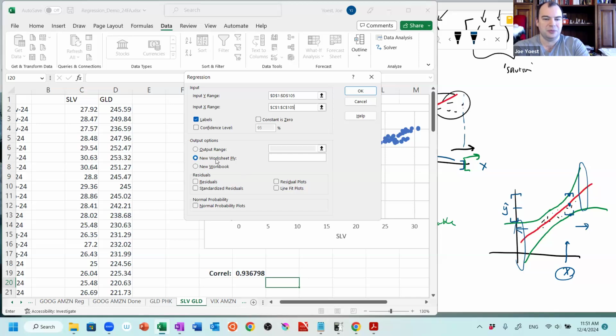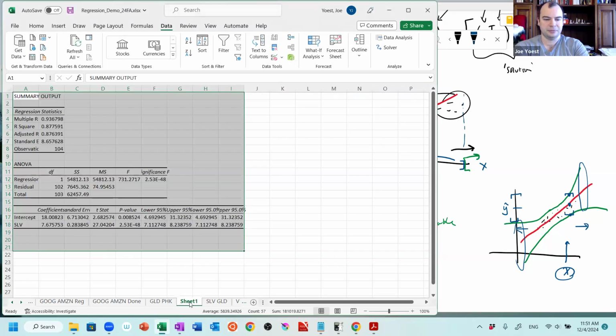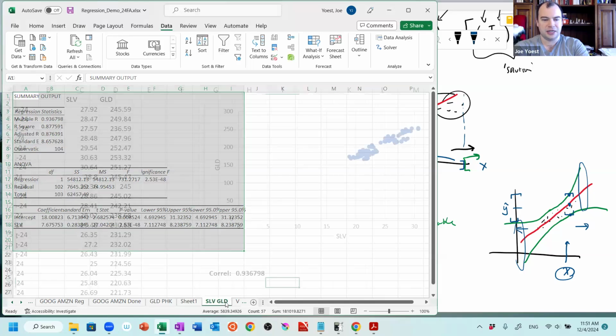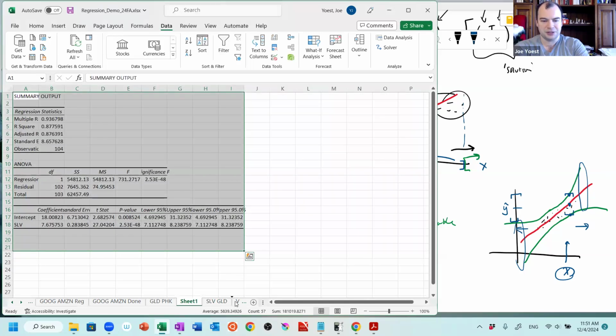I'll output in a new worksheet ply. I won't worry about any of this other stuff, and I'll hit OK. And this cranks out Sheet1 down here, silver and gold. I can jump over to Sheet1. I'm going to rename it by double-clicking where it says Sheet1.